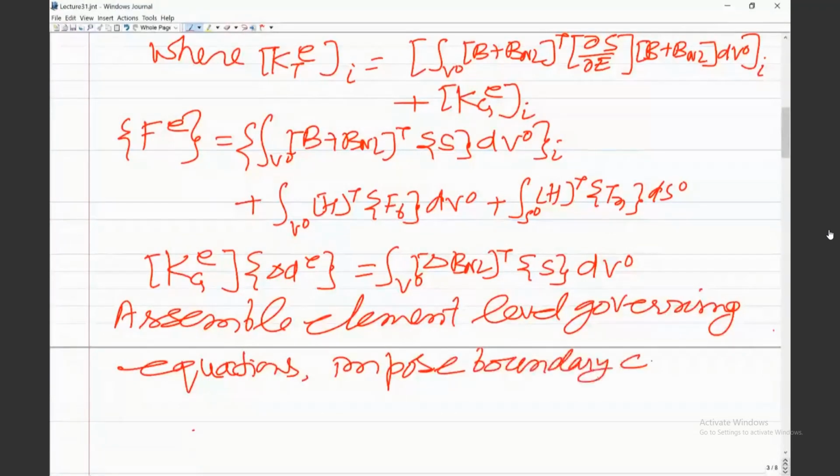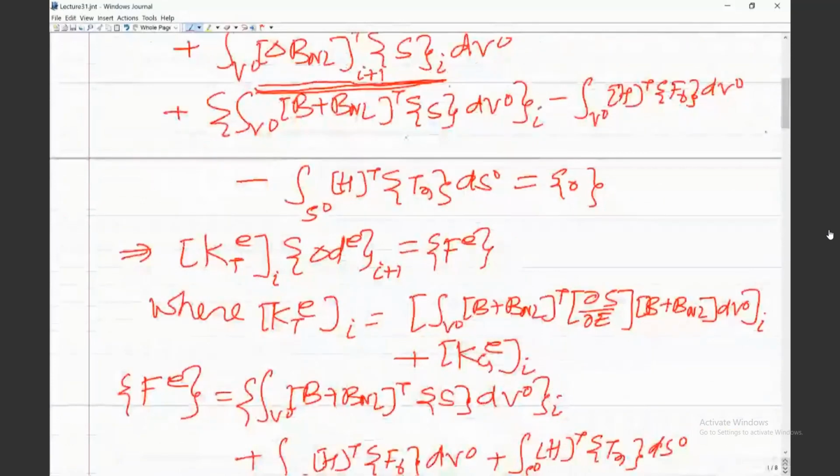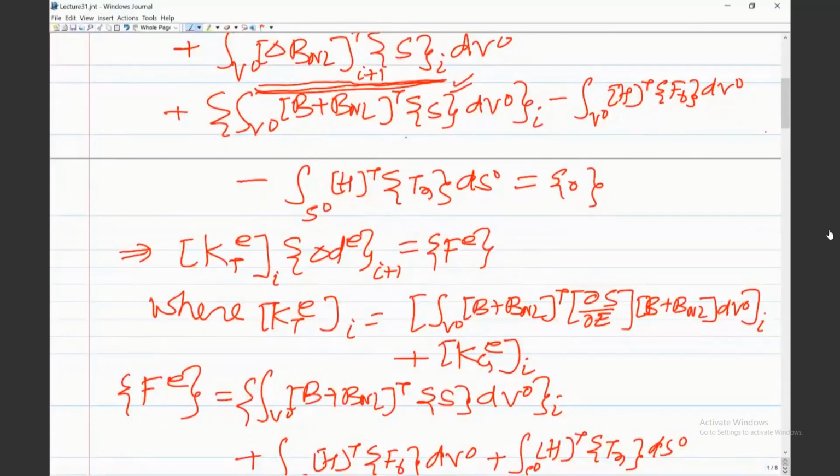Sir, can you please explain that line again? KG. Yeah, so as I was saying, we have this term delta BNL transpose into S. We have to rewrite that, because delta BNL has derivatives of shape functions in it and also the gradients of displacements.